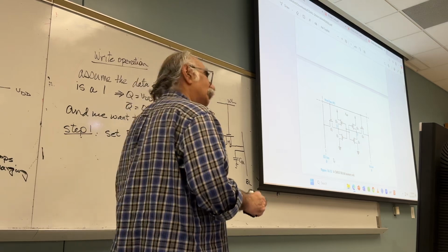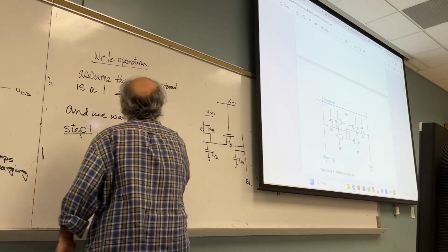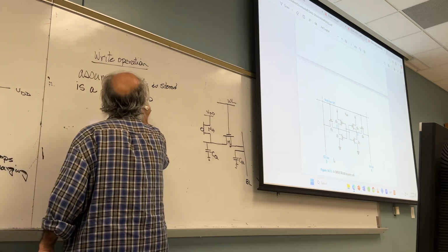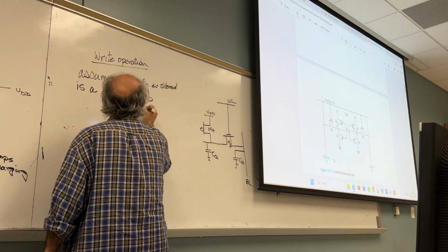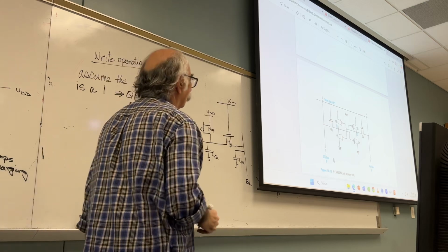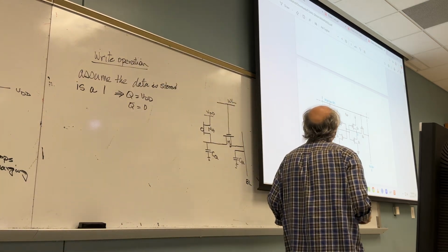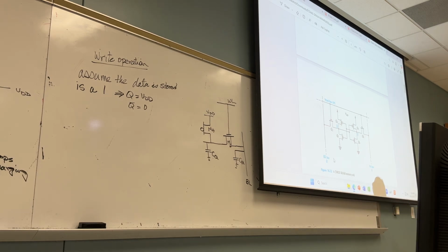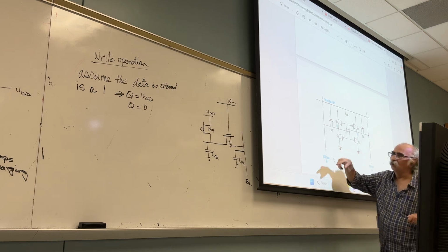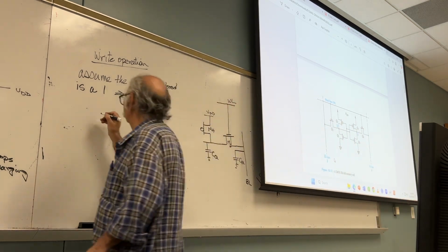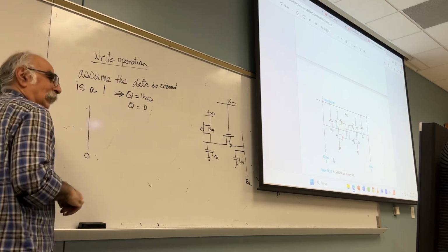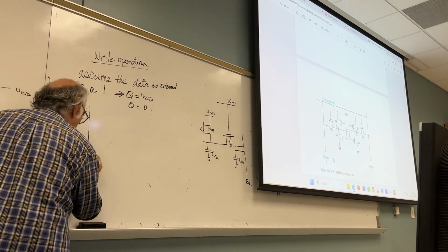Now I want to sketch the left hand side. Show me the left hand side. Okay, Q equal to VDD and Q bar equal to 0. I'm still waiting. PMOS is off. This one? Yes, this is the bit line bar.